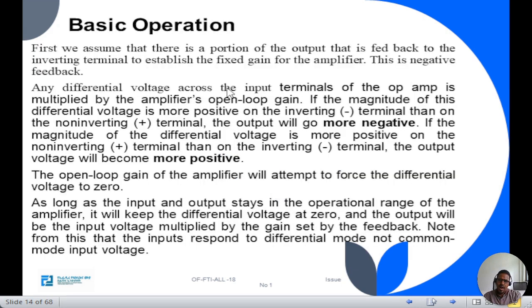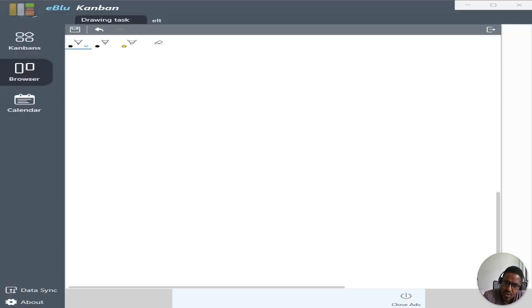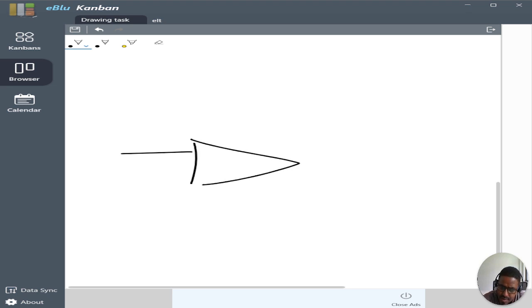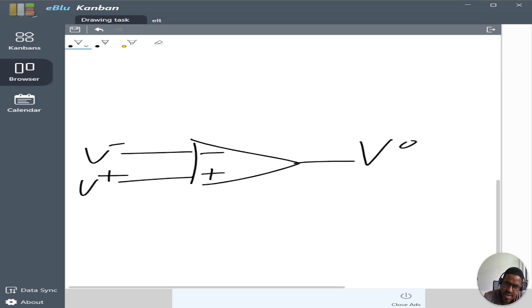So how does this op-amp operate? In a simple way to understand: when V inverting is greater than V non-inverting, our V out becomes negative saturation.